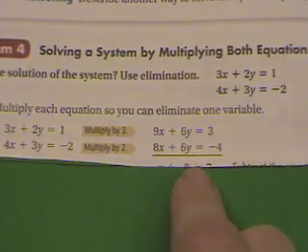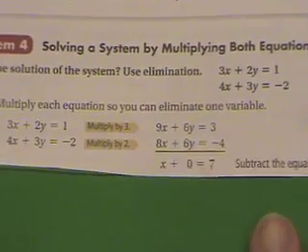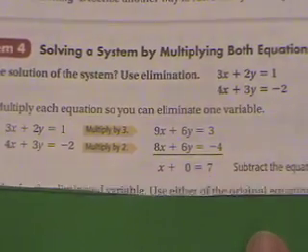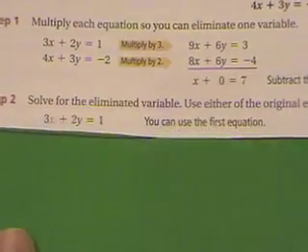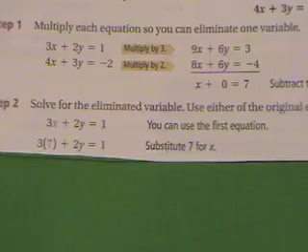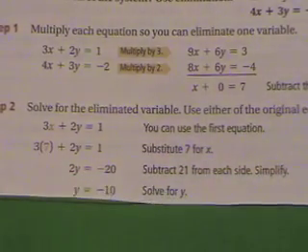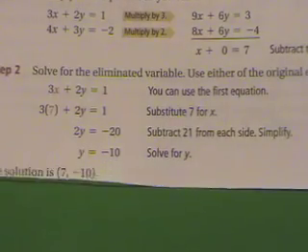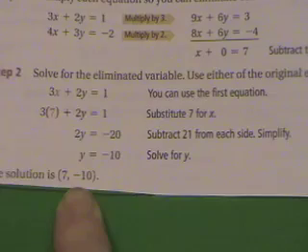Then you have to remember to subtract and distribute that minus sign. You end up with x equals 7. Put that back in, right there. Y equals negative 10, and you're not done until you get the ordered pair.